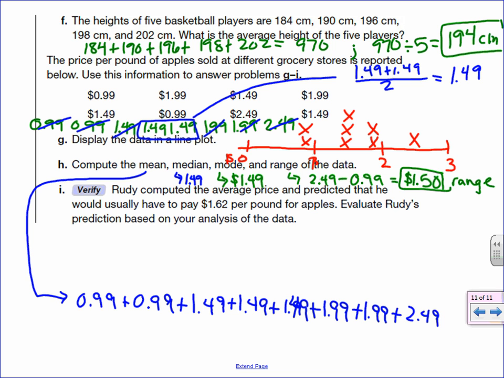So I end up getting 1292. And 1292 divided by 8 is 1.615. And again, I'd look and all of the rest of them are rounded to the hundredths place. So I would round that to 1.62.